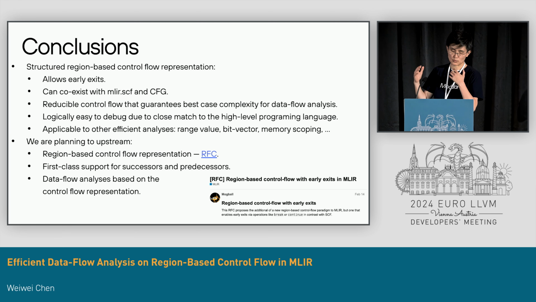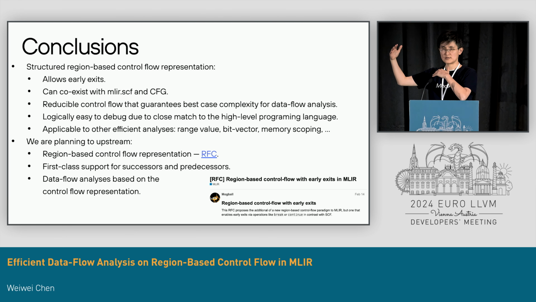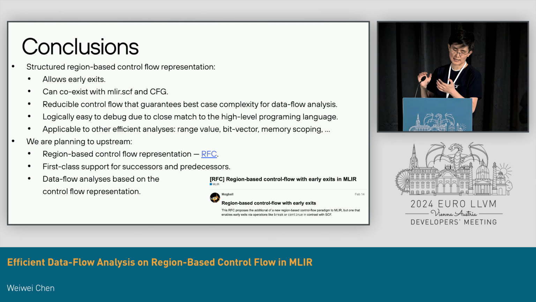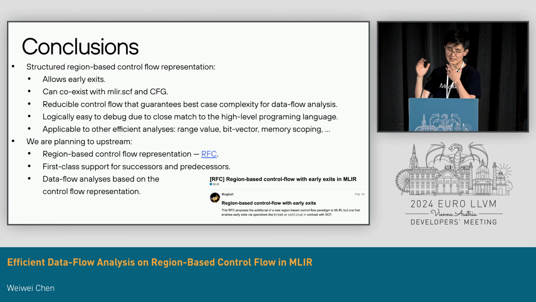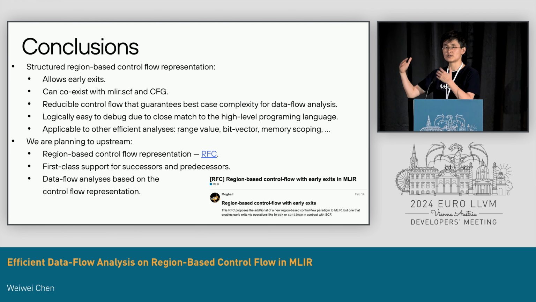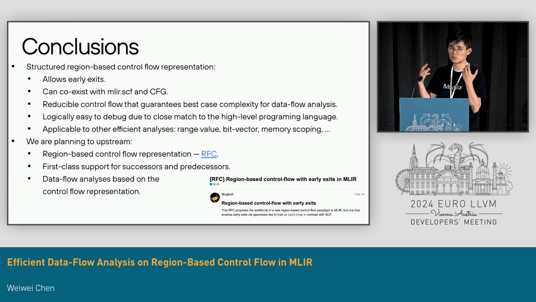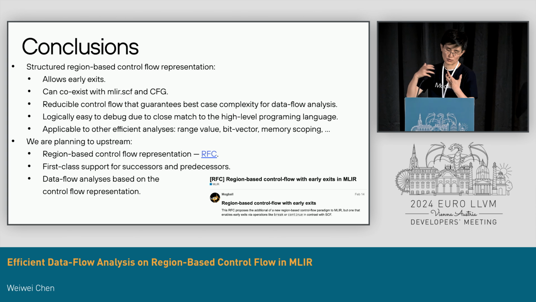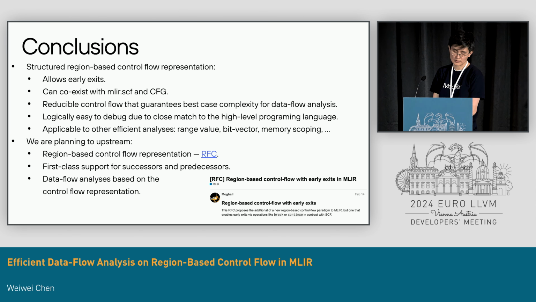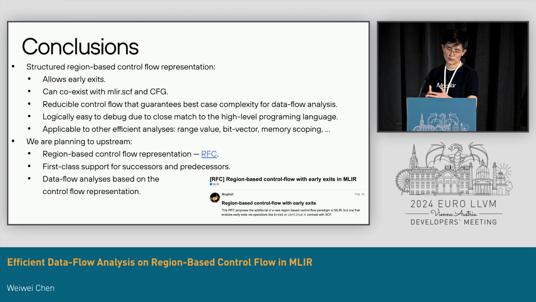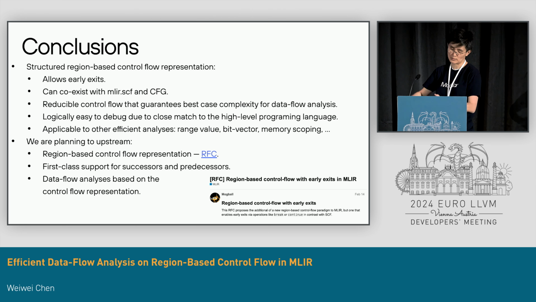Hopefully, once this representation is upstreamed, we can get first-class support for successors and predecessors and other analysis utilities, so that we don't have to write these things in our compiler specifically. And once the representation is upstreamed, we can also start to upstream the data flow analysis that we have built based on this representation.